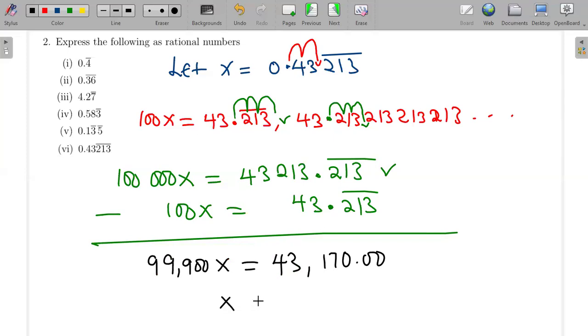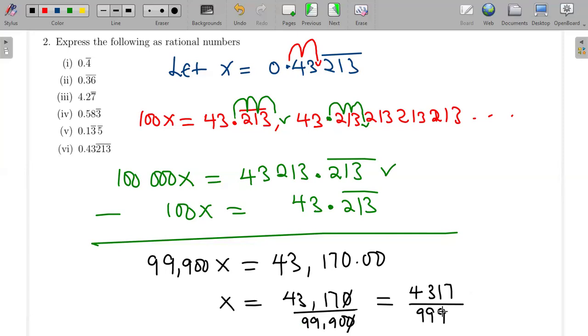So that will just be x is equal to 43,170 over 99,900. So 10 can go into these guys, or I can say I cancel out this 0, cancel out this 0. So I just remain with 4317 over 9990.